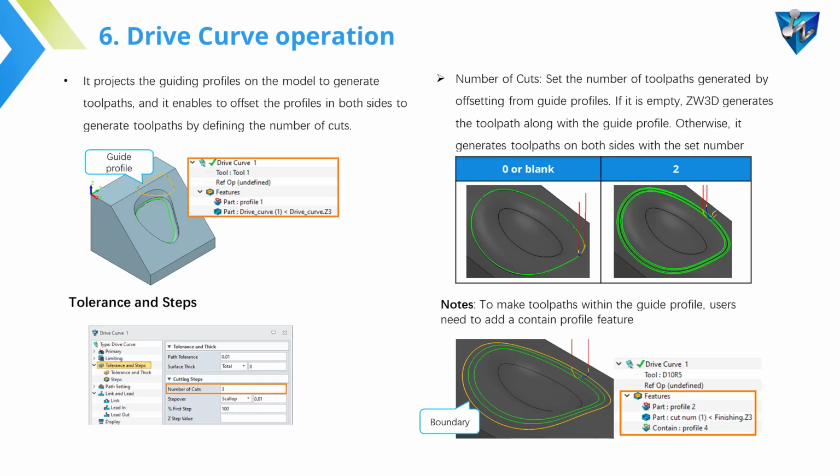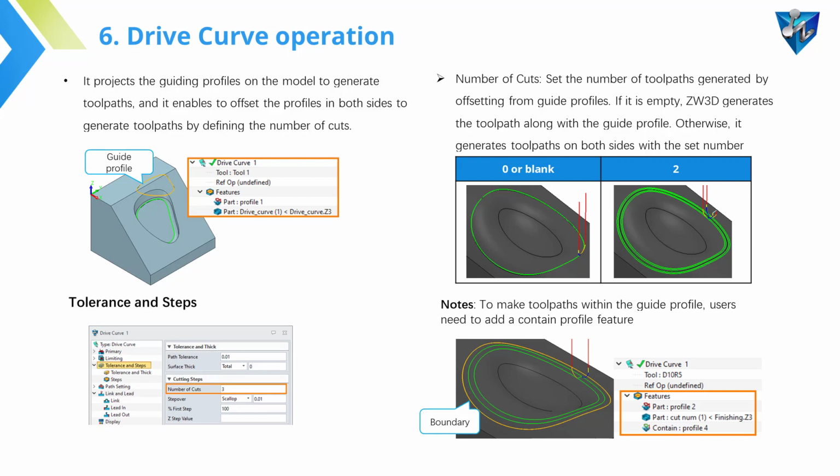Drive curve. It projects the guiding profile on the model to generate the toolpath, and it enables to offset the profile in both sides to generate the toolpath by defining the number of cuts. The number of cuts we mentioned just now is to set the number of toolpaths generated by offsetting from the guide profile.